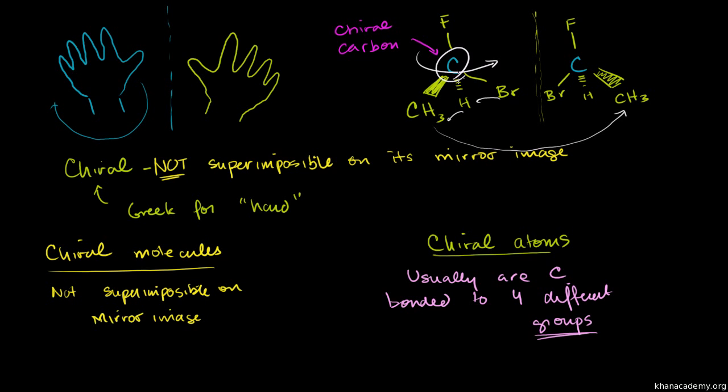But all of these, especially in an introductory organic chemistry class, tend to be a carbon bonded to four different groups. And I want to stress that it's not four different atoms. You could have had a methyl group here and a propyl group here, and the carbon would still be bonded directly to a carbon in either case, but that would still be a chiral carbon, and this would still actually be a chiral molecule.